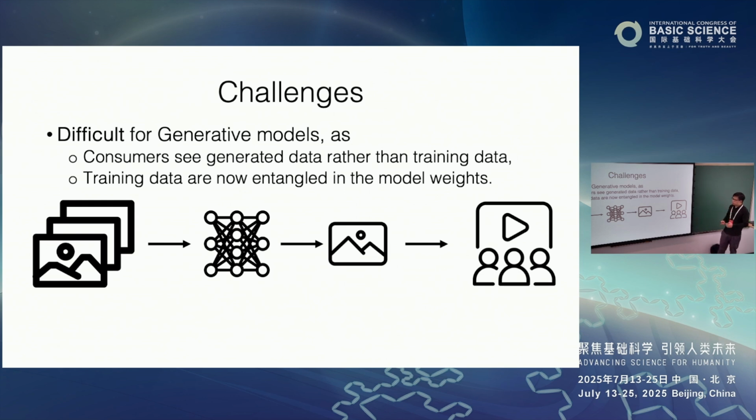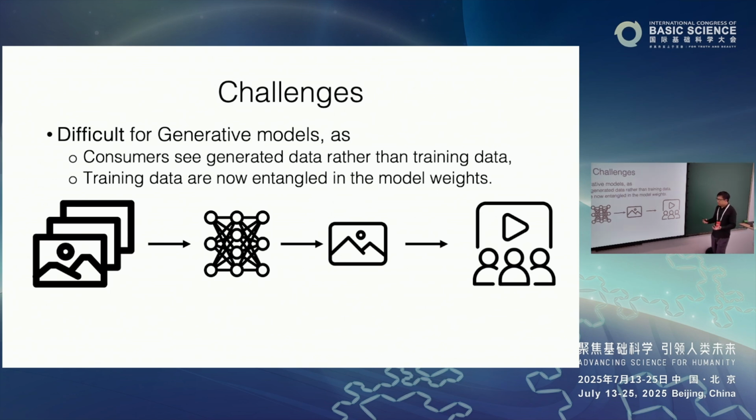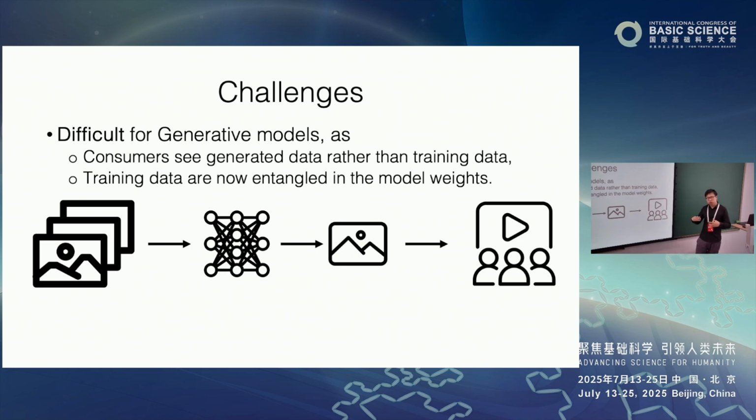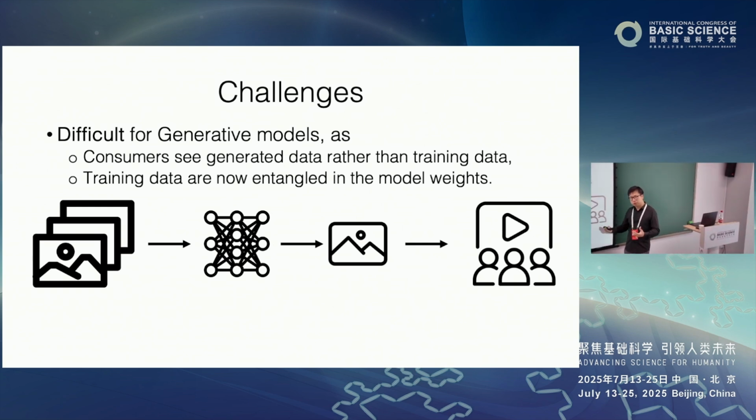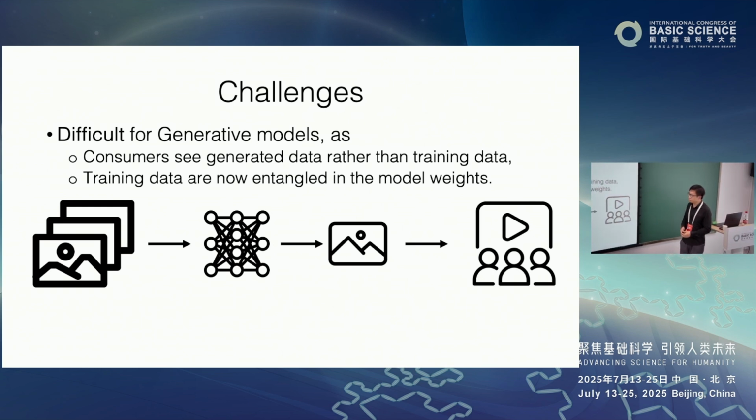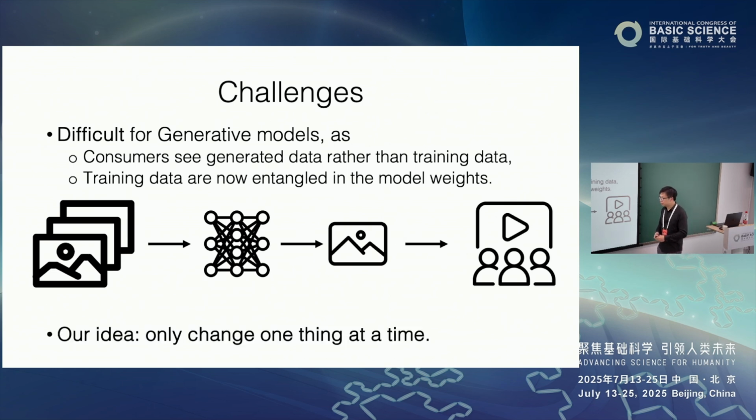And the training is very complicated, because you're training a model with billions of parameters on billions of images. The test inference is also very complicated. Most models, like diffusion models, involve tens or hundreds of inference steps, so it's not a one-step model. As a result, it's very hard to trace the impact from a test image to individual training images, which makes these things very difficult to understand.